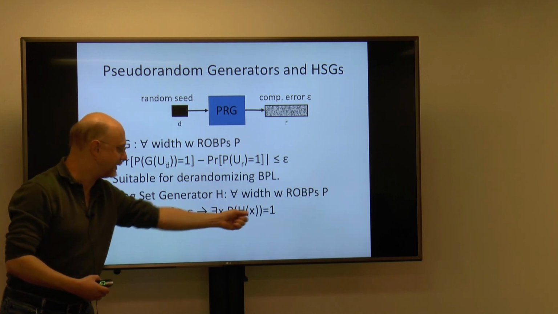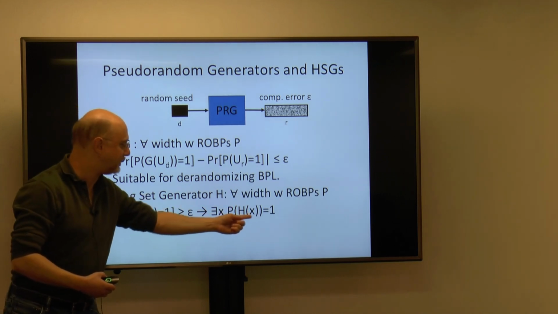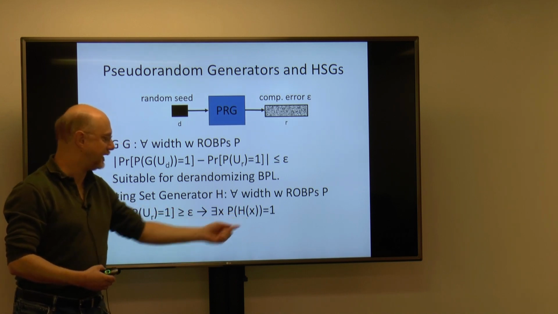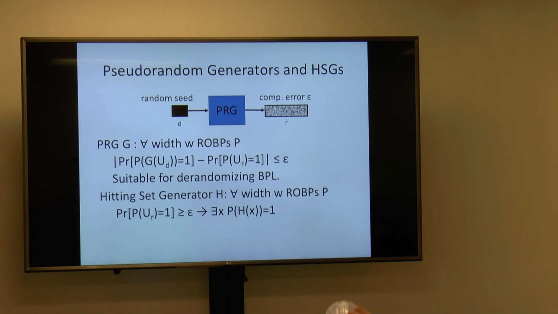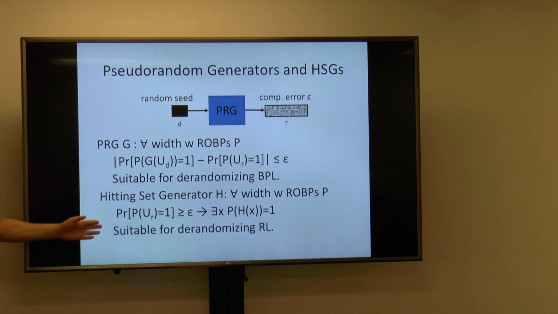X is the seed for the hitting set generator. There will be one output of the hitting set generator, h of x, that P accepts. And again, this is suitable for de-randomizing one-sided error, or RL.